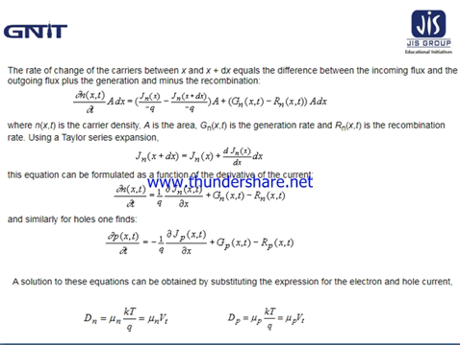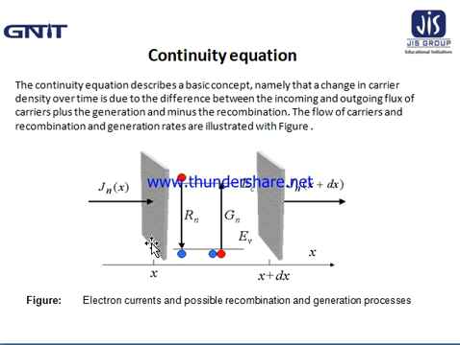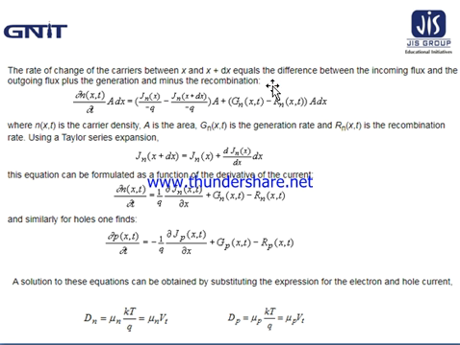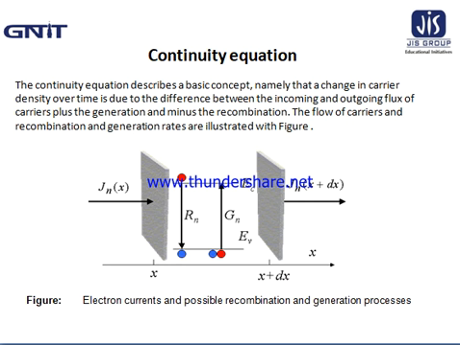Now the rate of change of the carriers between x and x plus dx equals the difference between the incoming flux and the outgoing flux, plus the generation of the carriers and minus the recombination of the carriers.